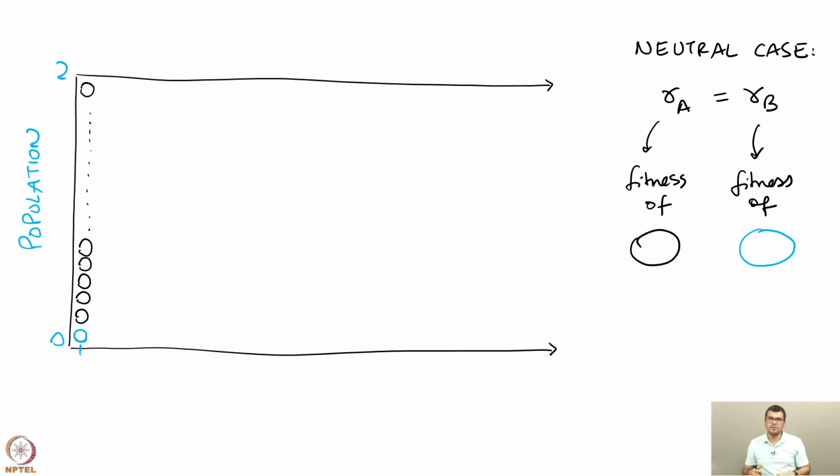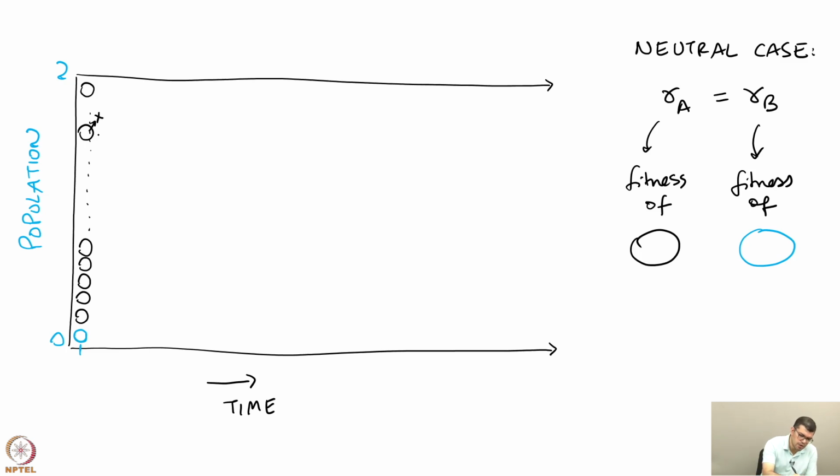And now I let time move forward. In every step of the Moran process, one of these individuals dies. So, let us say there is an individual here that does not reproduce, and one of these individuals reproduces.